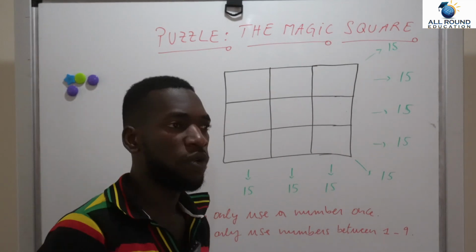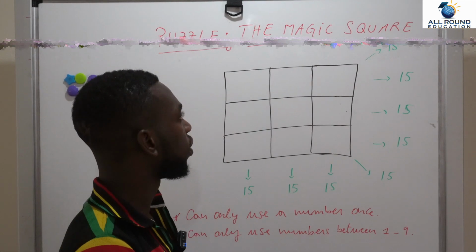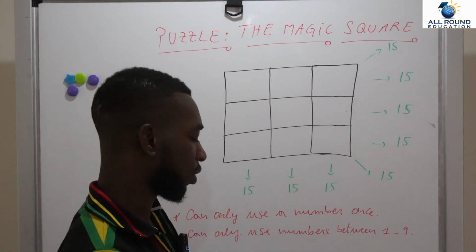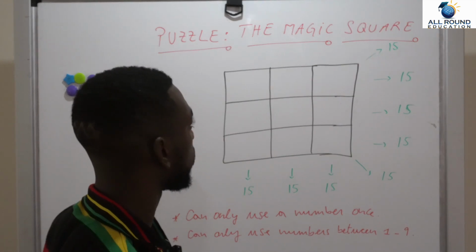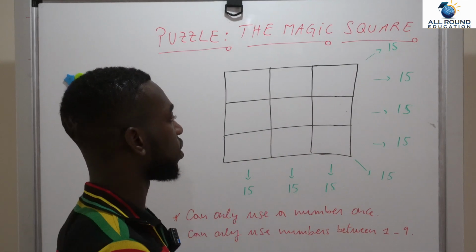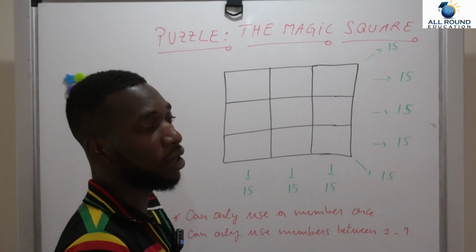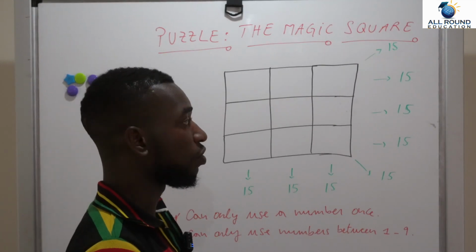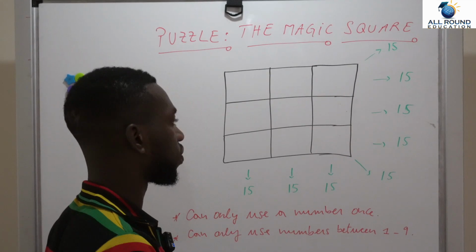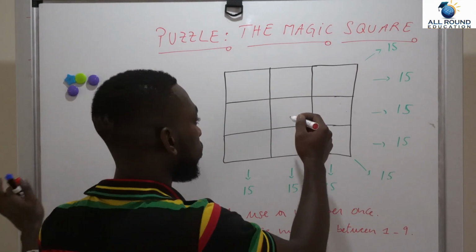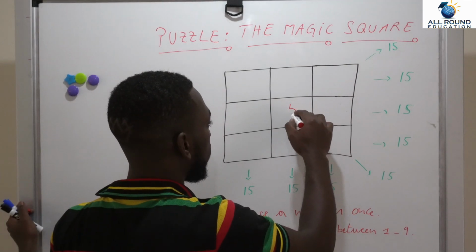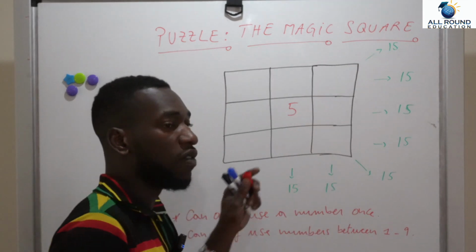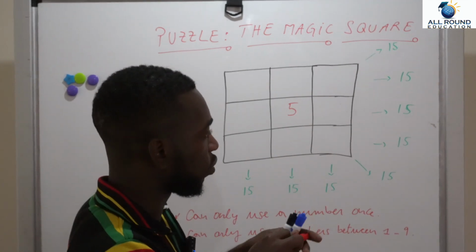Now, there are a few ways to do this. However, I'm going to share only one of them, and we'll see how it goes. Because the target is 15 on each row, the central number should be a 3, right? It should be 5, sorry. So what I can do here is have 5 in the center. Having 5 in the center will minimize the issues that I could have.